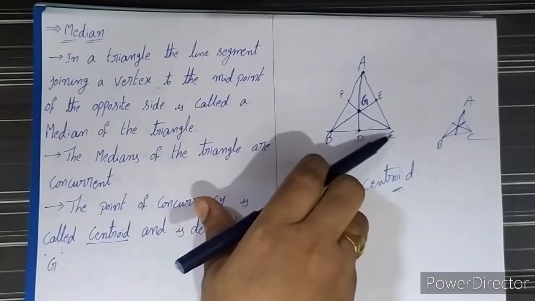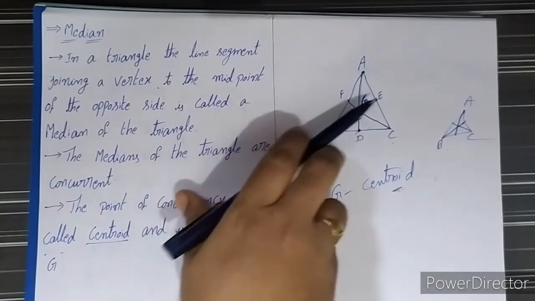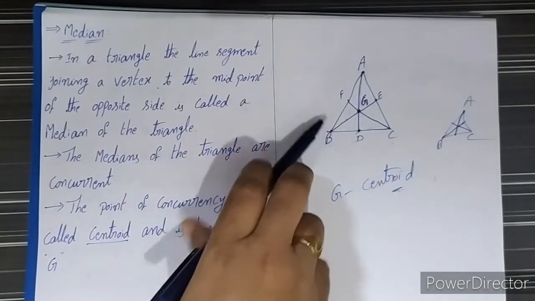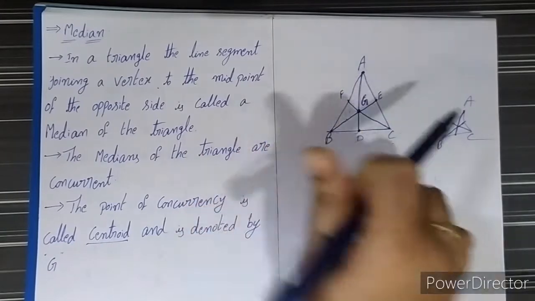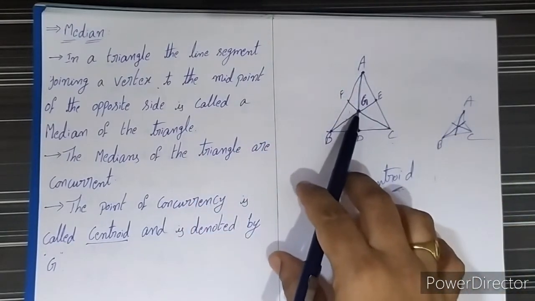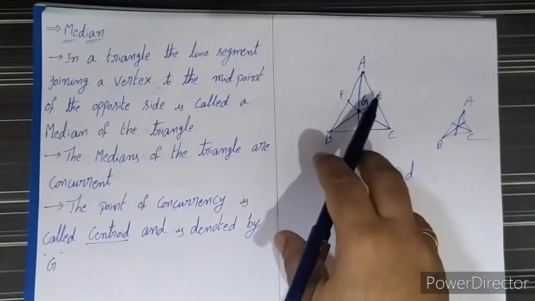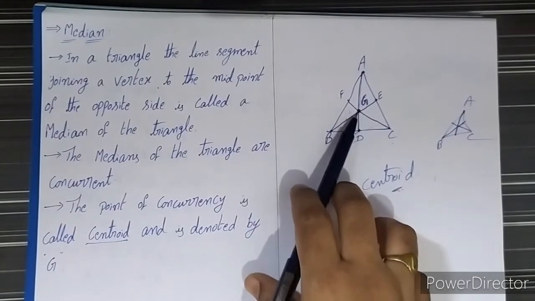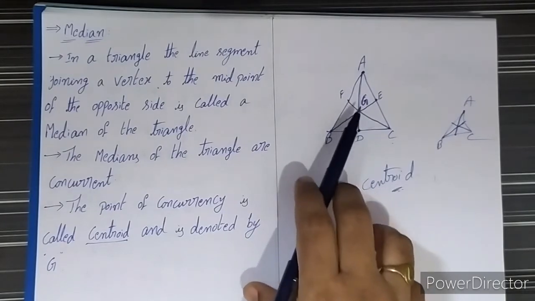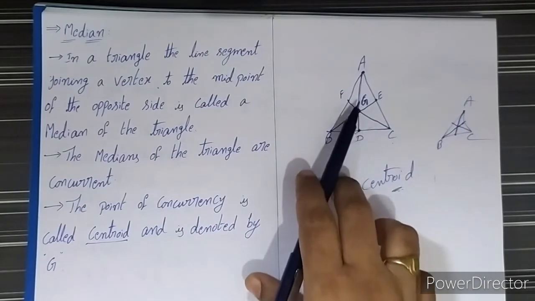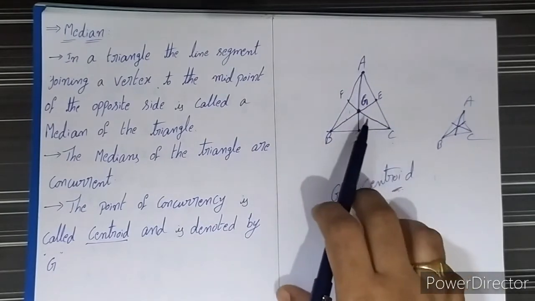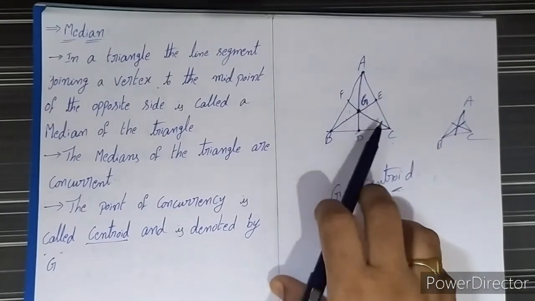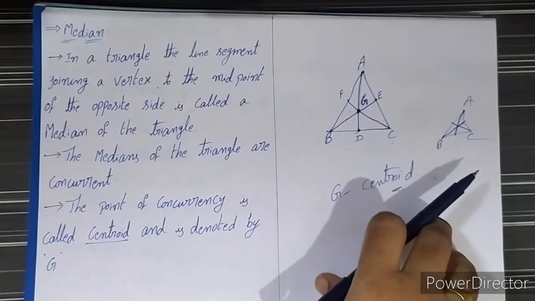AD is the median of the BC side, BE is the median of the AC side, and similarly, CF is the median of the AB side. In a triangle, we have three medians. These three medians intersect in a single point. That intersection point is called the centroid. These three lines are concurrent. That point of concurrency is denoted by G. G means the centroid of the triangle.